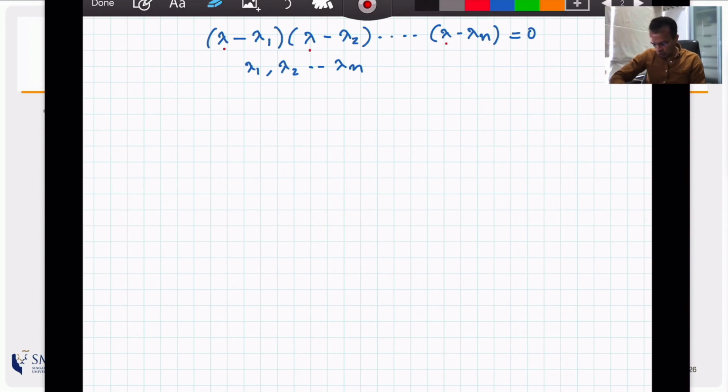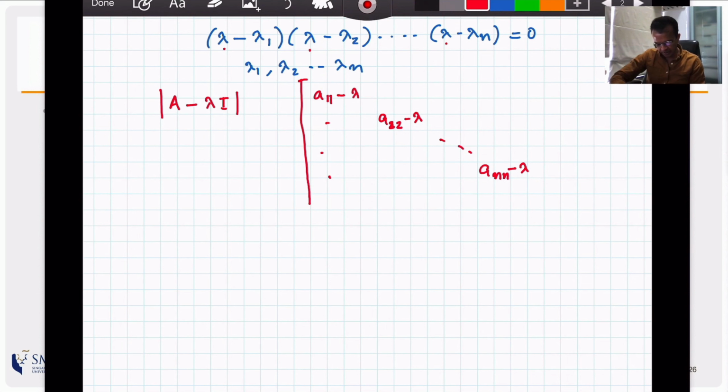But I also wrote the characteristic polynomial as the determinant of A minus lambda I. So if I think about it, I have terms like a11 minus lambda, a22 minus lambda, and so on in the matrix A minus lambda I, and I have some other terms all over the place. So this is my huge matrix, and it's the determinant of that matrix that I'm looking at.